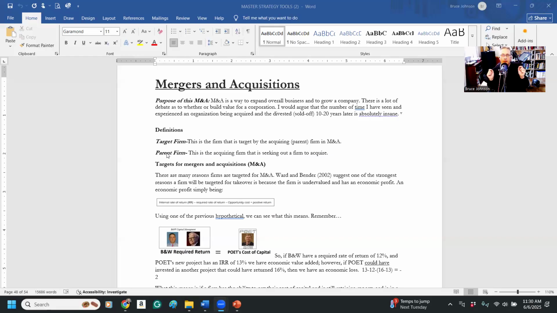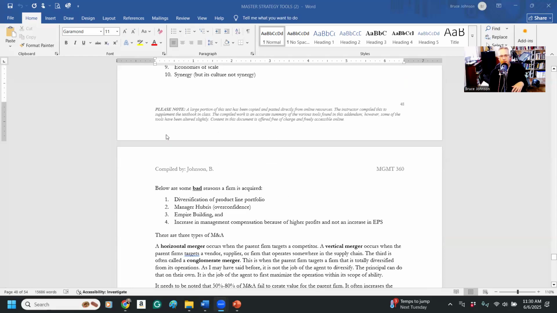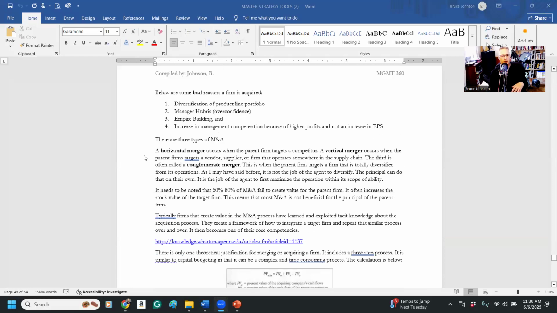Now, there are some key facets in here. One of the issues that happens in mergers and acquisitions is that 50 to 80% of them fail to create value for the firm.